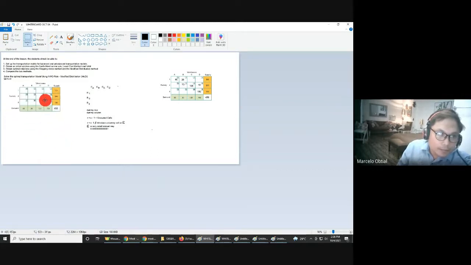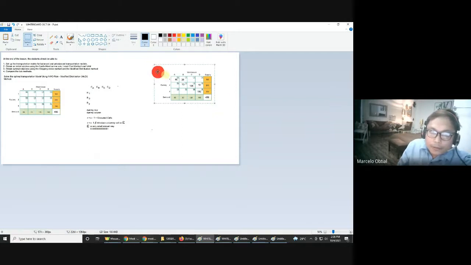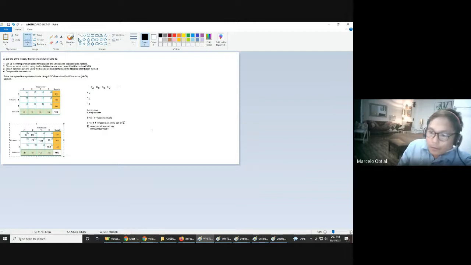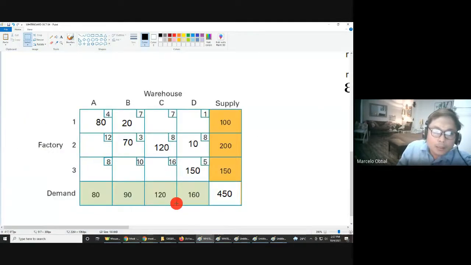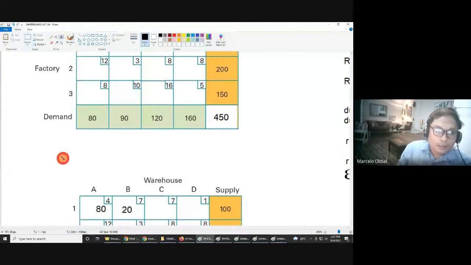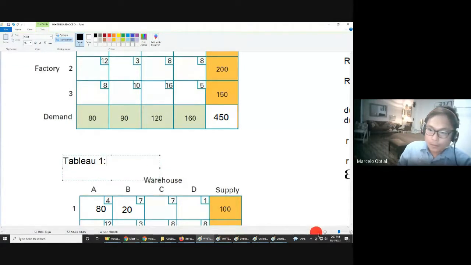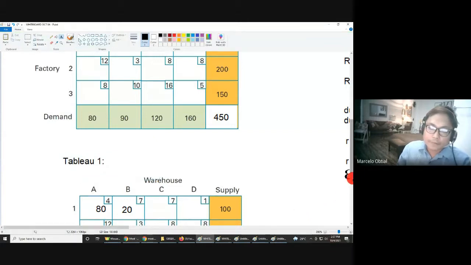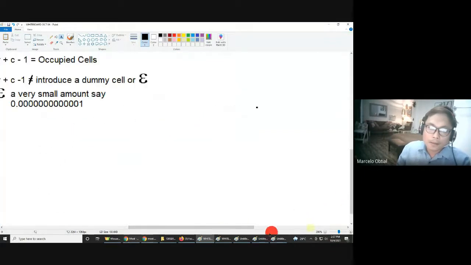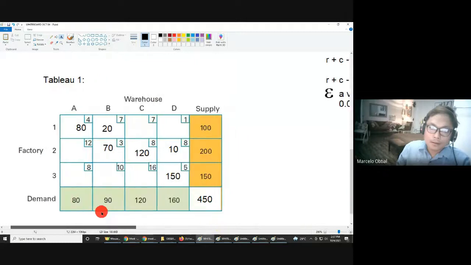Okay, baliktad ko lang. This is the original problem. This is table or tableau 1. Okay? Tableau 1. Anybody who can recall what's the first step or algorithm in stepping stone method?